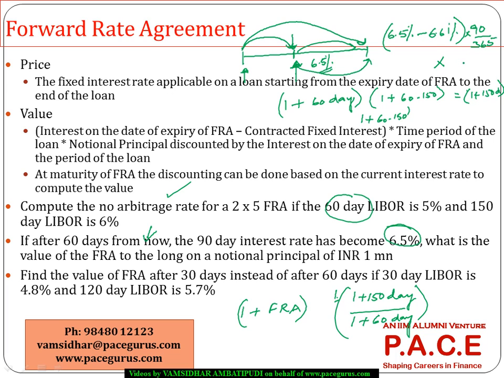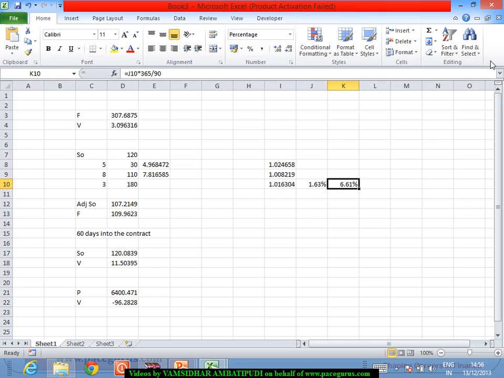So in terms of rupees or dollars, I multiply this by 1 million. The borrower is having a loss of this much on the FRA. So what is the loss to the borrower, if at all, on that day? The market rate is 6.5% minus the contracted rate, multiplied by the number of days of this loan, into 1 million.